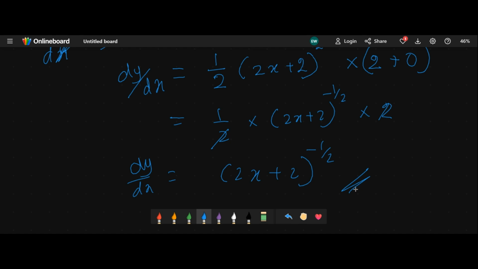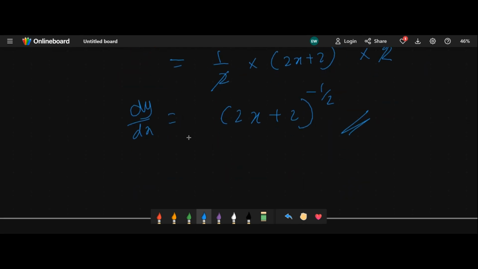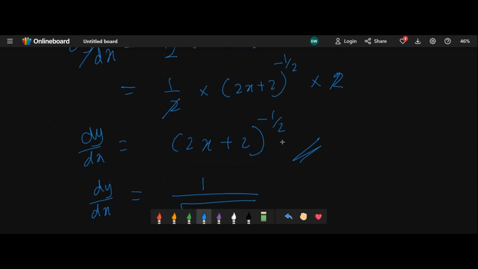This is the answer. Otherwise, you can write it as dy over dx, 1 over root 2x plus 2. If you didn't understand this final step, if you have a negative in powers, for example x to the power minus 3, what does that mean? It means 1 over x to the power 3.